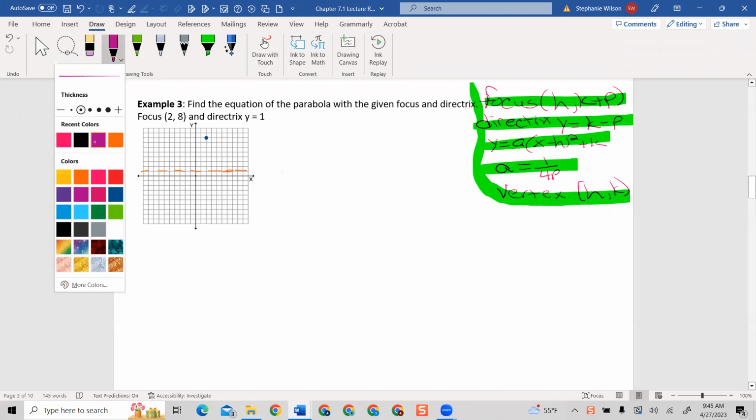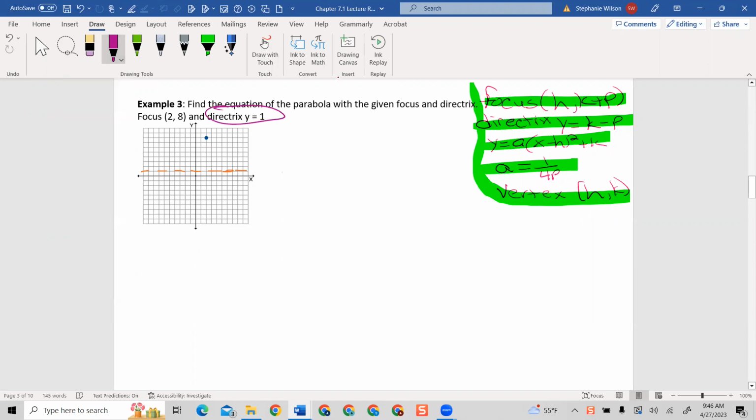First thing is, let's recognize what's our vertex. So when I look at what my vertex is, I'm not sure, right? So let's go back and determine our distance, our directrix.